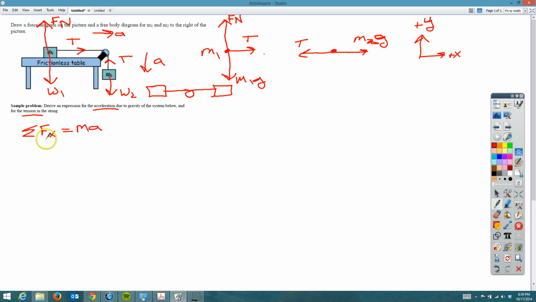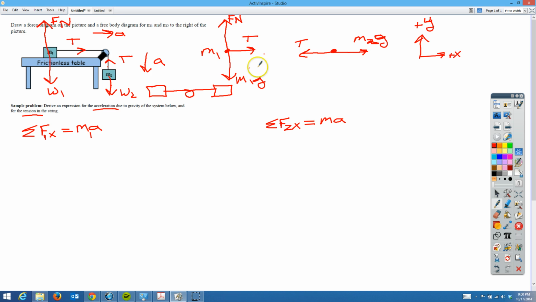For the first object, the sum of the forces in the x is equal to m1 times acceleration. We'll do the same thing for the second box: the sum of the forces for box 2 in the x are also equal to m times a.